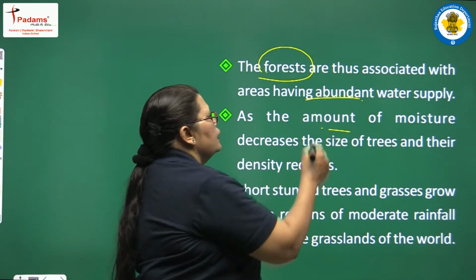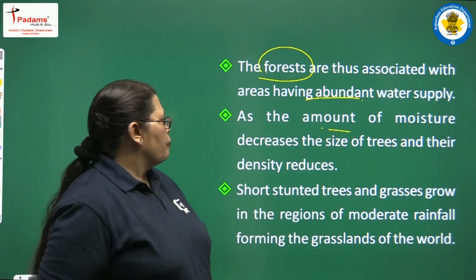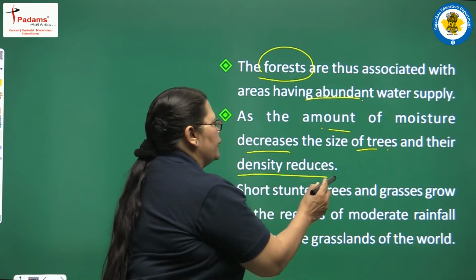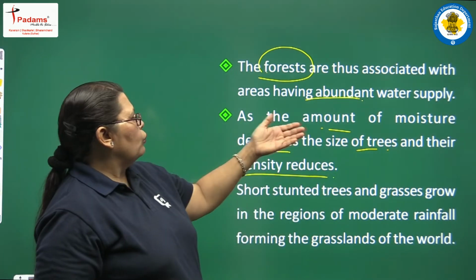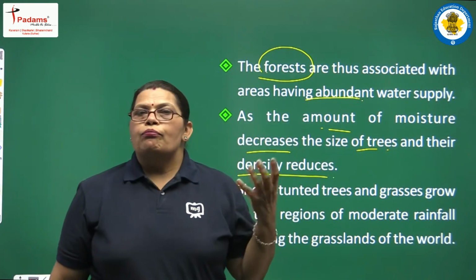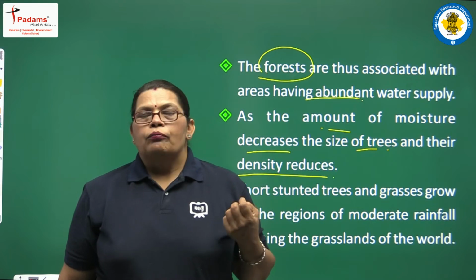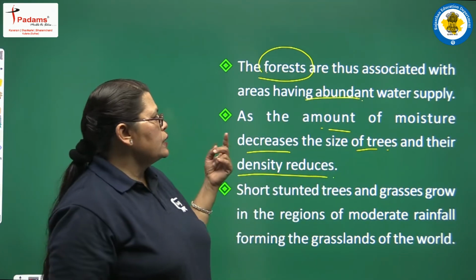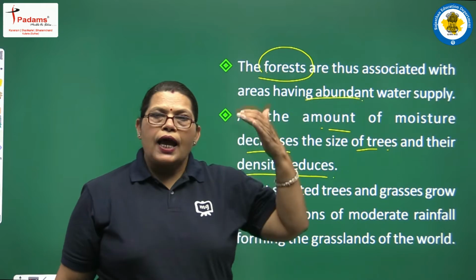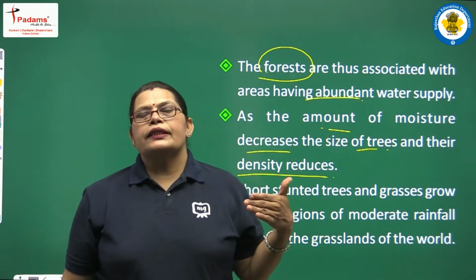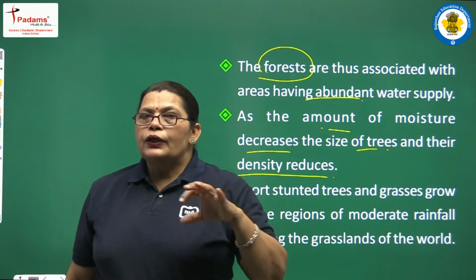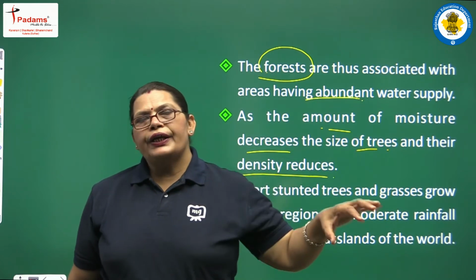Next one is the amount of moisture decreases, the size of trees and their density reduces. अगर हम देखते हैं कि मॉइस्चर कैसा है, मॉइस्चर अगर बहुत ही कम है, बहुत ही कम मॉइस्चर है एटमॉस्फेयर में, then what is the feedback of this one, the size of the trees decreases in that areas, plus there is a very reduced density of trees there.